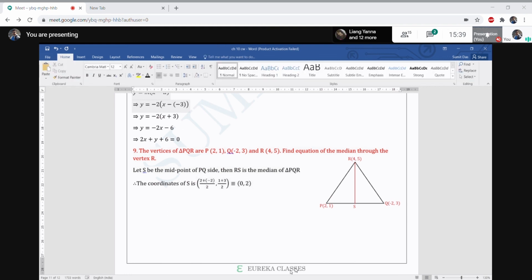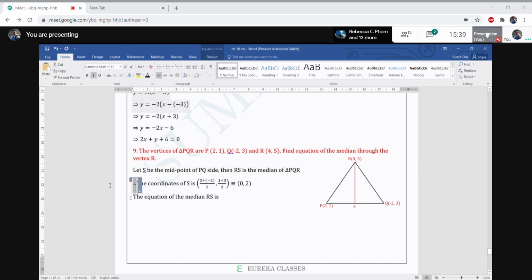So what will be the equation of the straight line? The equation of the median RS is, look, R we know 4 comma 5 and S we got 0 comma 2. So we can use the 2-point form, right?